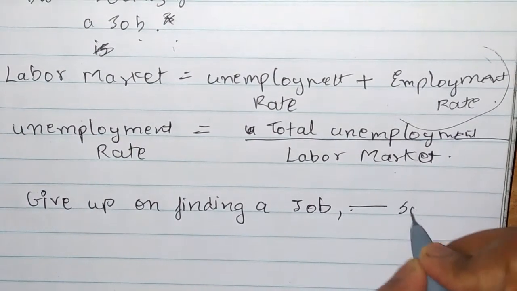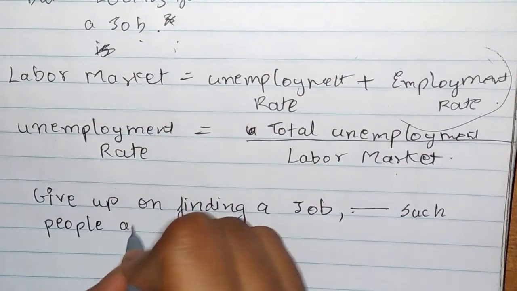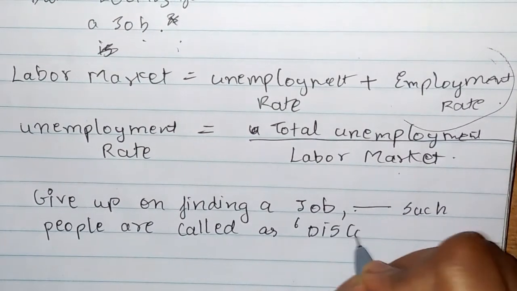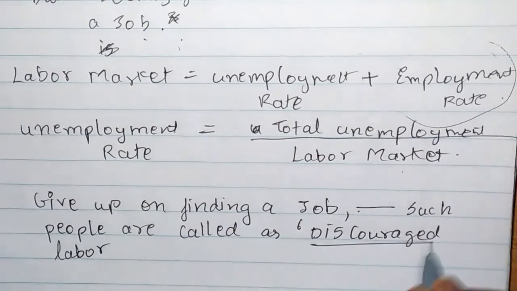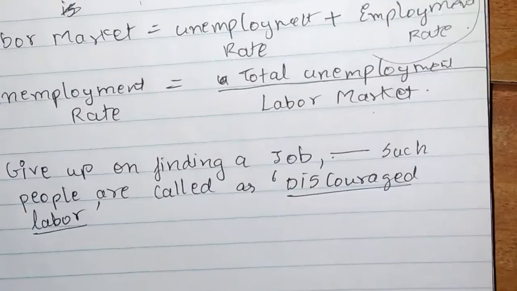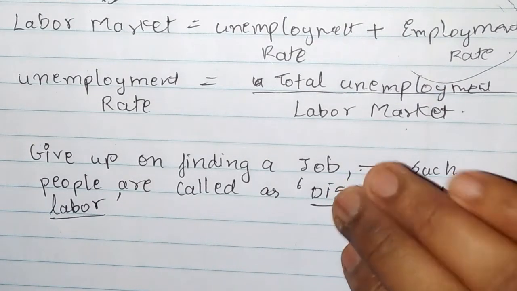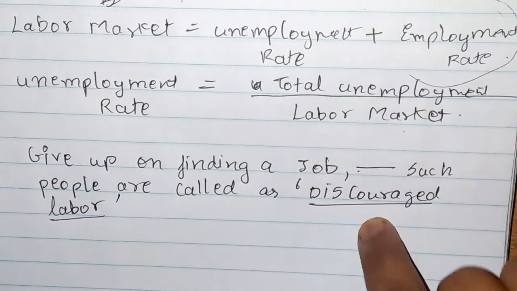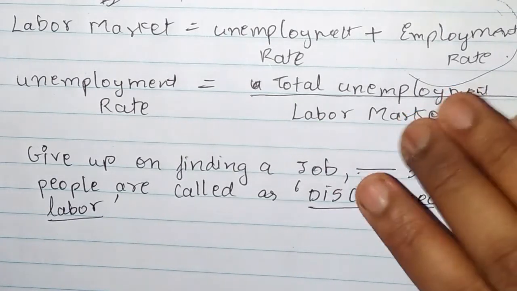Such people are called discouraged labor. That means the person has given up on looking for a job, so he is out of the labor market. The discouraged labor are not included in the labor market.